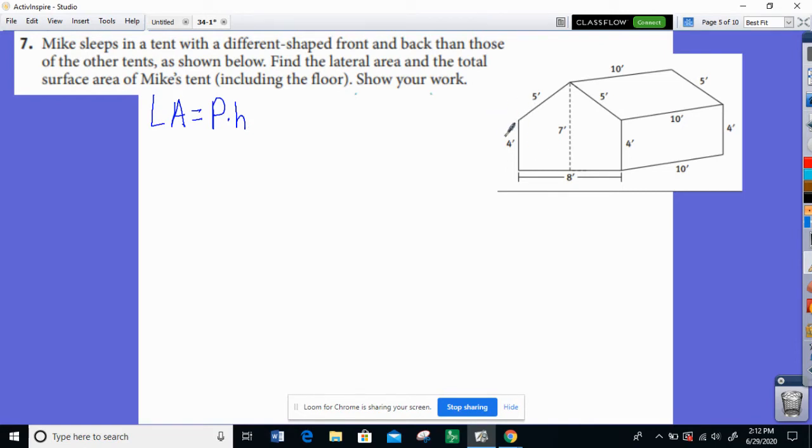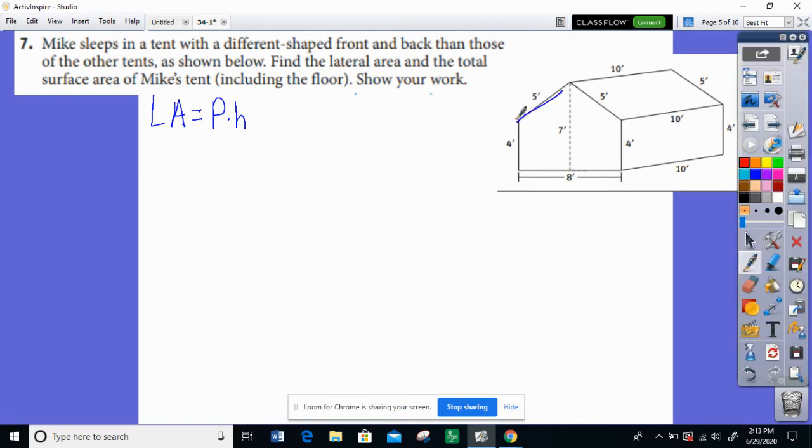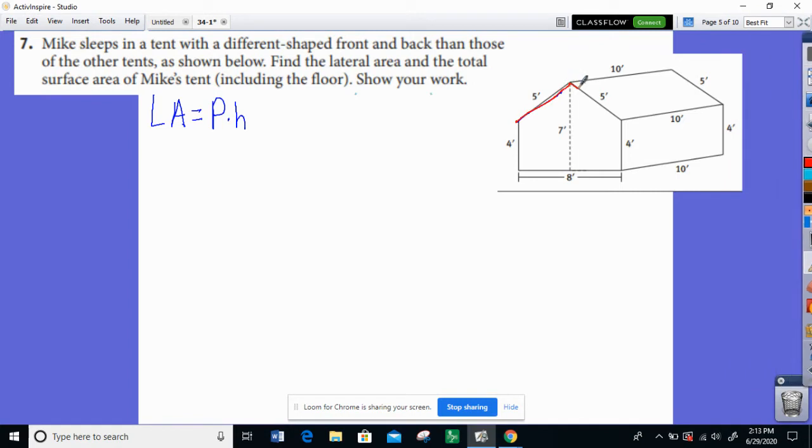Remember, the base isn't always the bottom and the top. The base is the face that is congruent and parallel to the other base. So since this pentagon is congruent to the pentagon in the back, this is our base right here. So I'm going to outline the base in red.